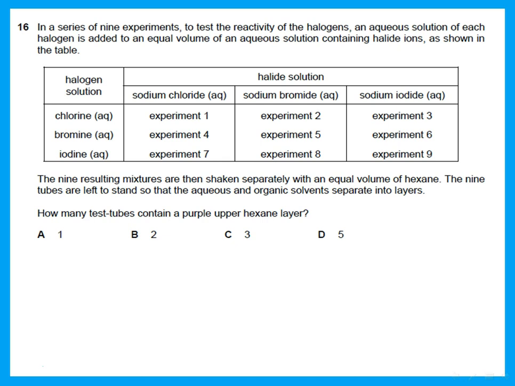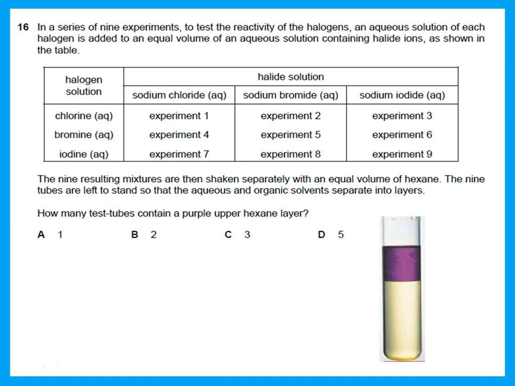The 9 tubes are left to stand so that the aqueous and organic solvent separate into layers. How many test tubes contain a purple upper hexane layer? Remember, which one would form a purple upper hexane layer? If we have iodine. So we're looking for which of these reactions will have iodine in it.